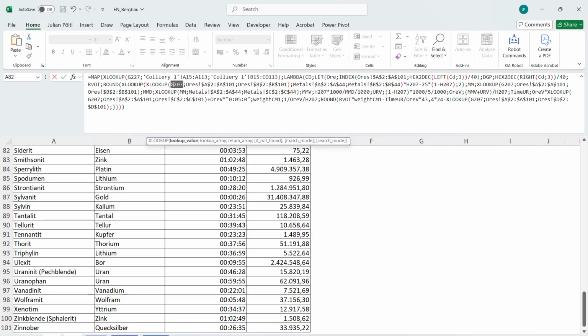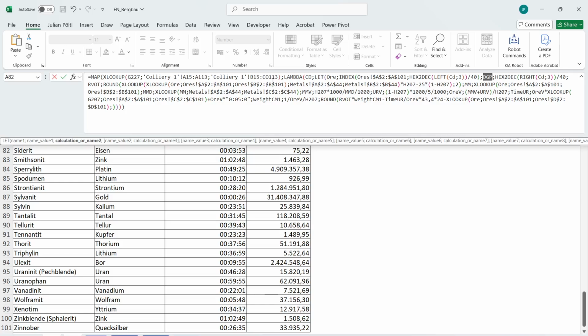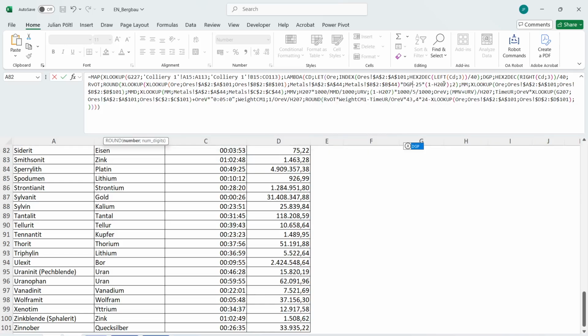So this is then ore, this is ore, this is ore, and GP is the remaining H207.